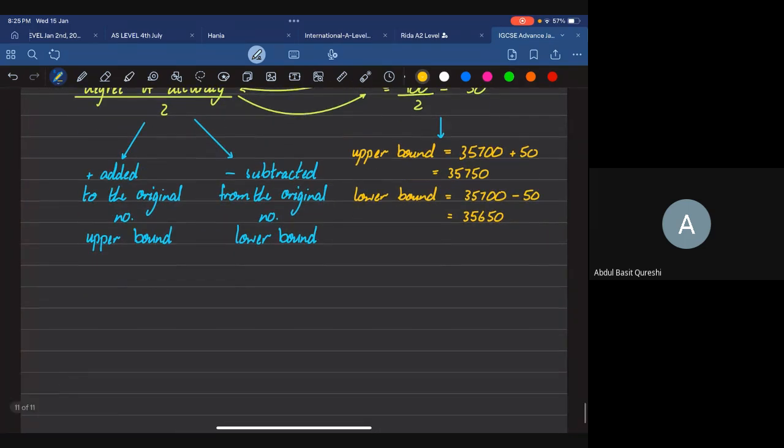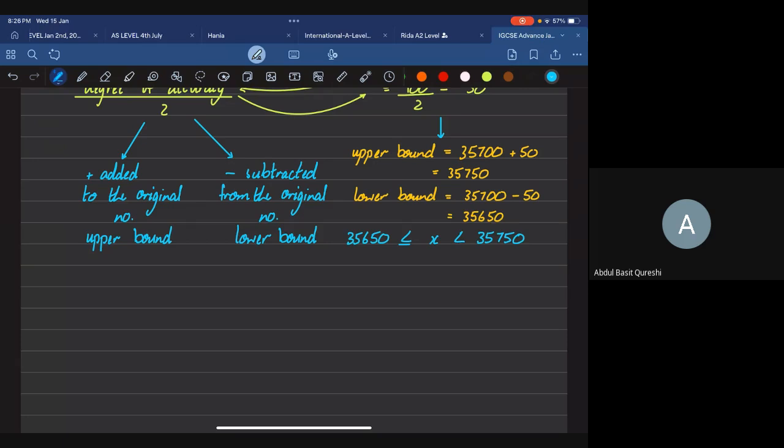So now I know that my original number, x, would have been equal to and greater than 35650, and it's obviously going to be less than the upper bound, which is 35750.